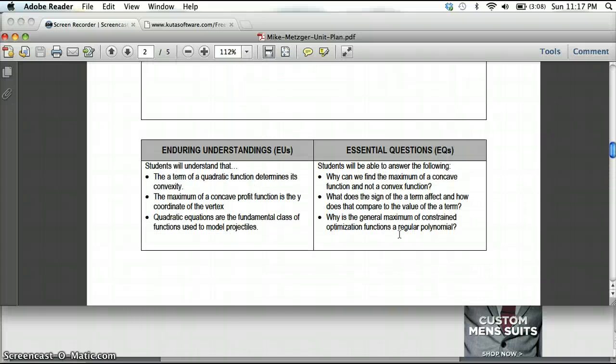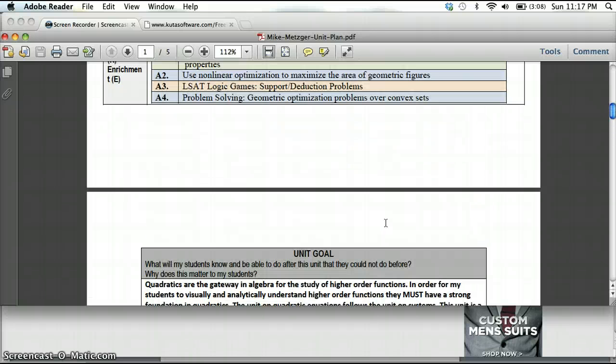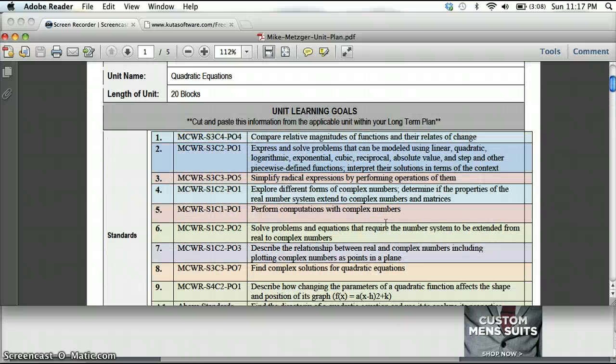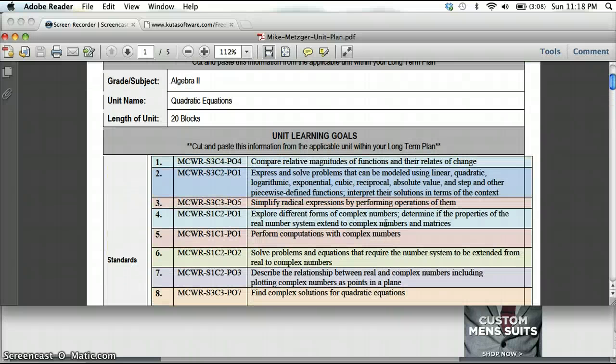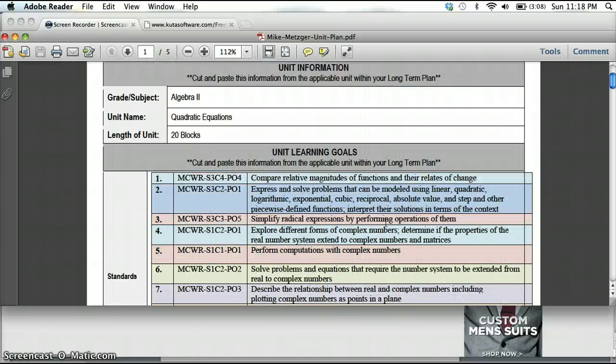So let's go back again. If we're starting fresh, Unit 1, Mike has to write his enduring understandings and his essential questions. That is step 1. Step 2, writing the unit goal. Step 3, he's breaking apart the quadratic equation into unit goals. What are the steps it's going to take to fully understand the quadratic equation?